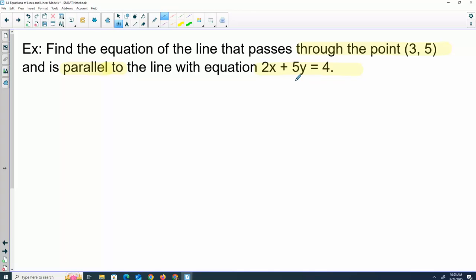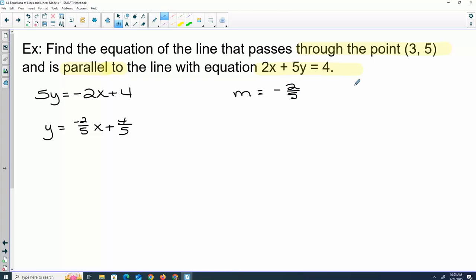What would I do to get that slope? All I needed that for was to know the slope. Parallel tells me it's the same, so what slope am I using?